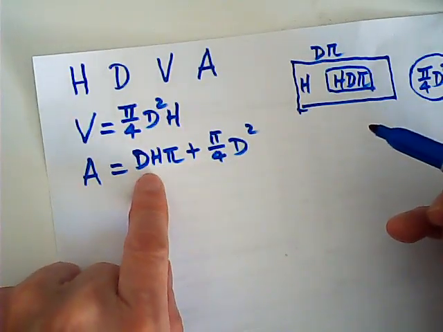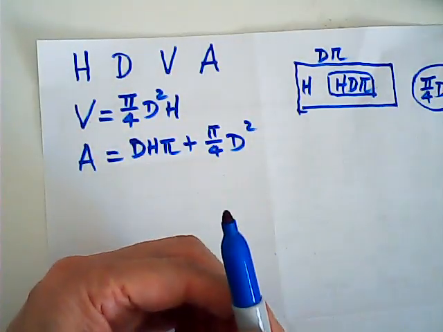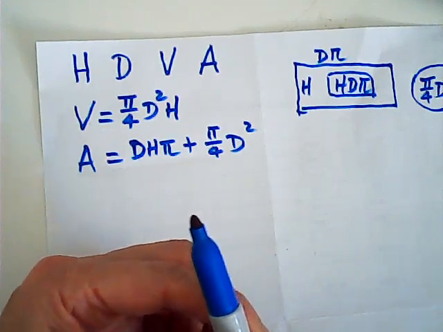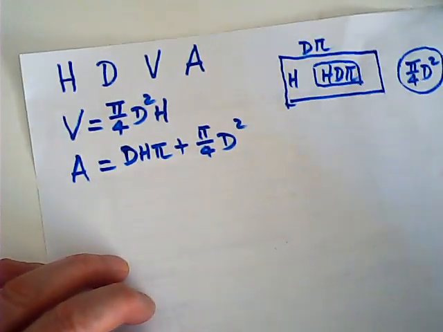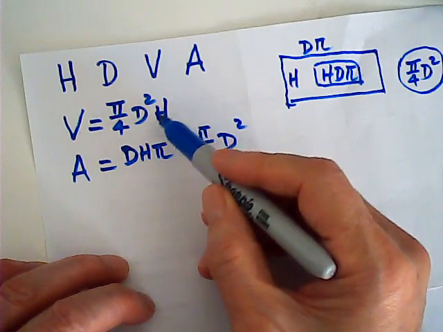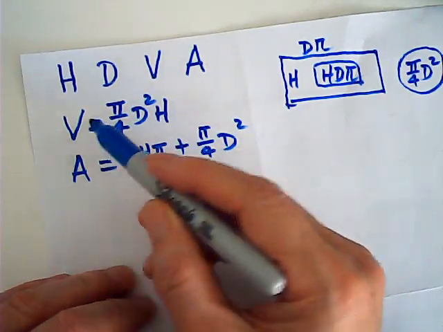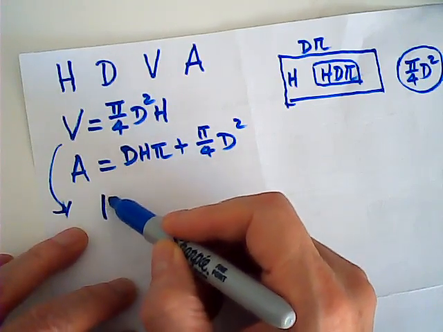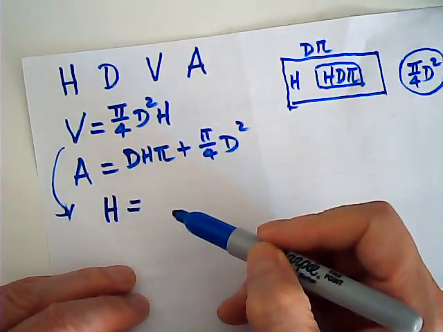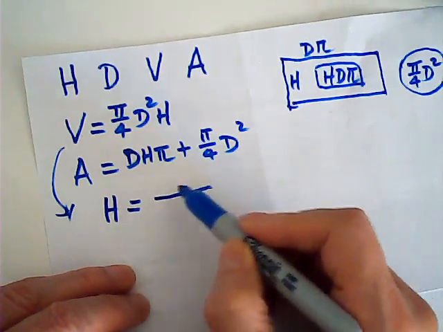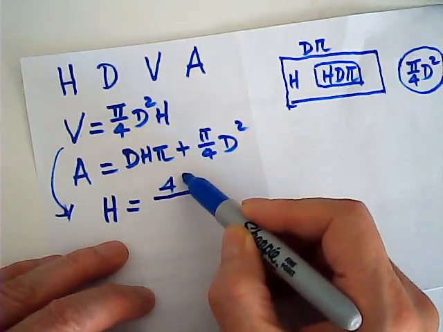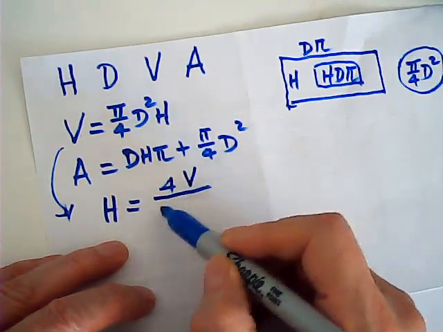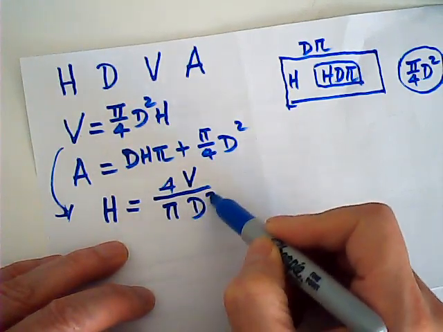Whereas h and d, we have to eliminate one of them because we want a one variable function. So from v, we have h is equal to 4v over pi d square.